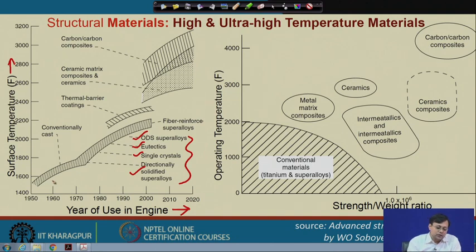All of them, depending on processing, we can manipulate the surface temperature so that material can withstand higher temperature. This is in Fahrenheit. Now, as we proceed with making different versions of the engine which are more capable of extracting energy, we need to go to much higher operating temperature.